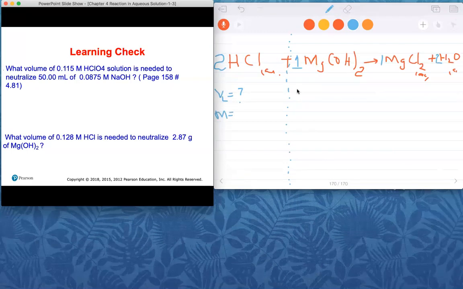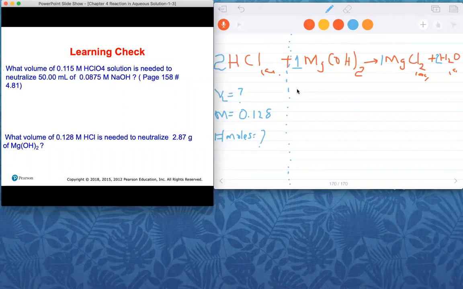Oh no, we are given the molarity. I'm sorry, 0.128. Watch how I fill in the column, or supply the information, for each reagent. Number of moles, I don't know that either, right? But I can determine it later on. This is question mark, that is question mark.